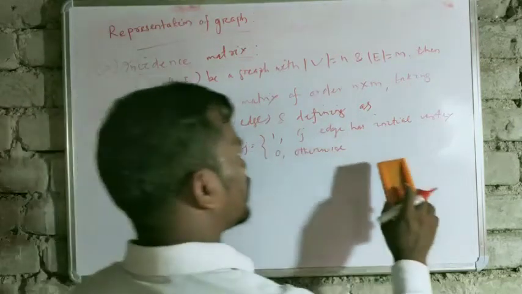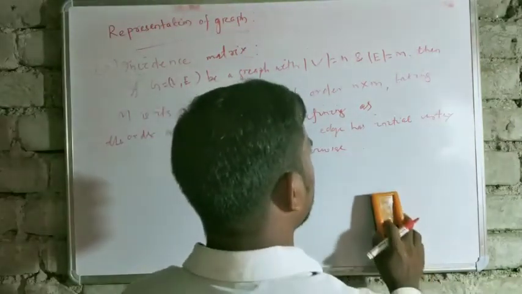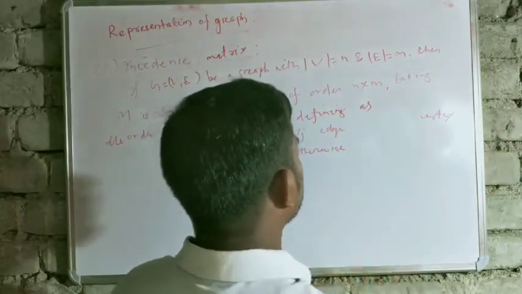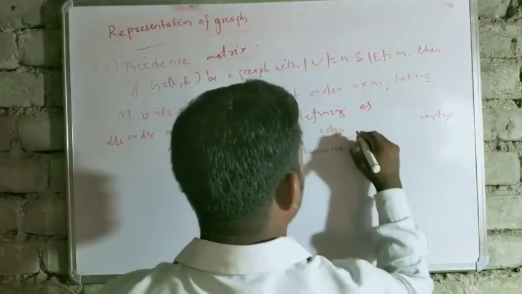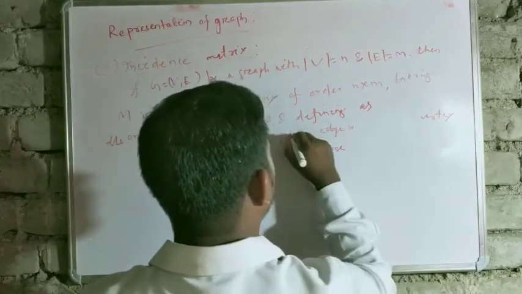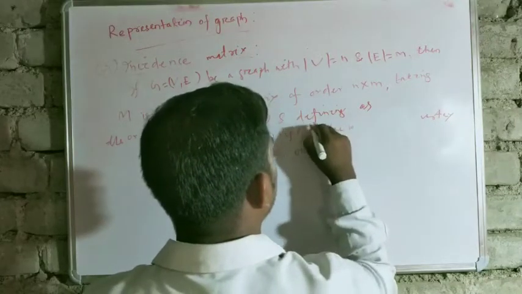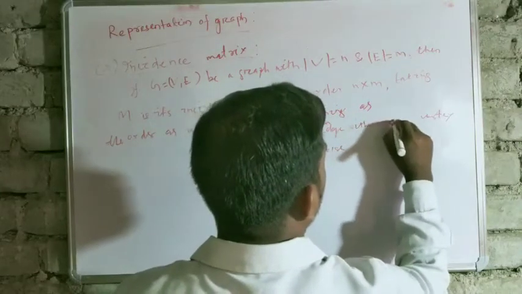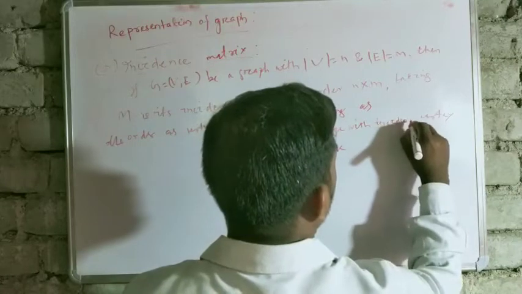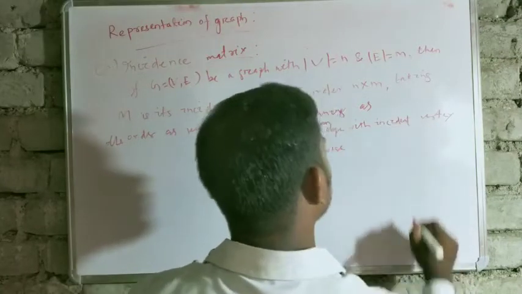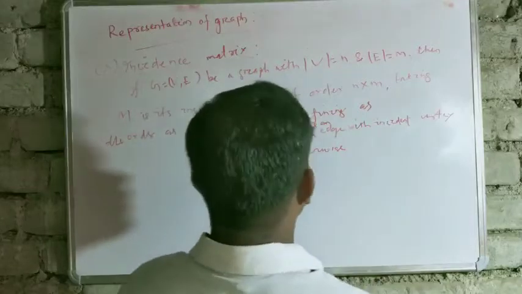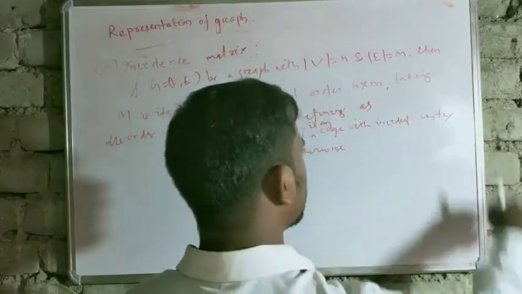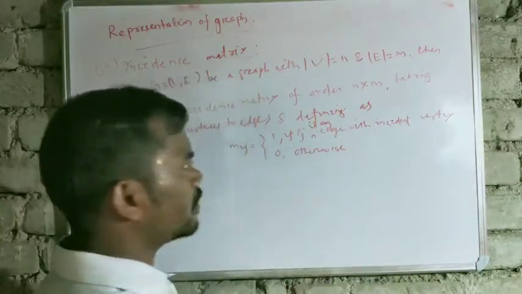If Ej is an edge with incident vertex i, it is 1, and 0 otherwise.